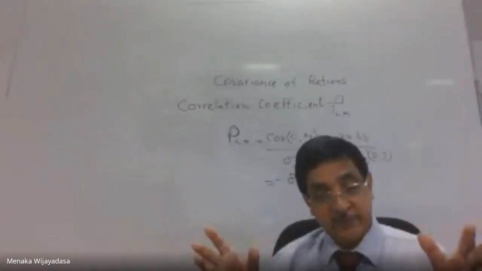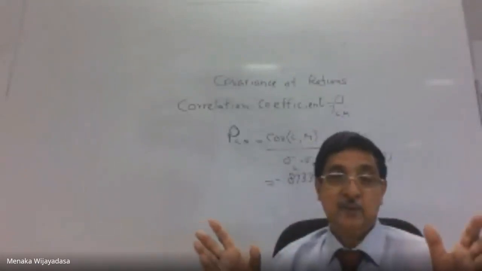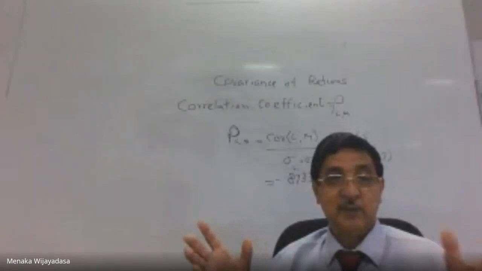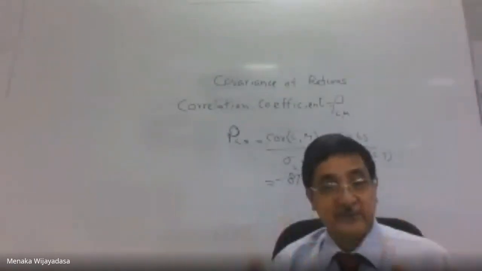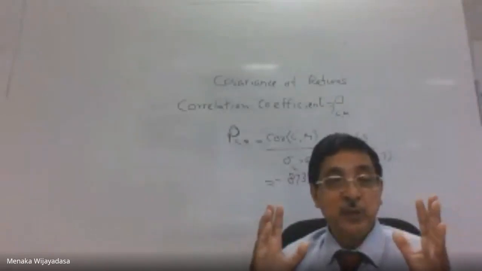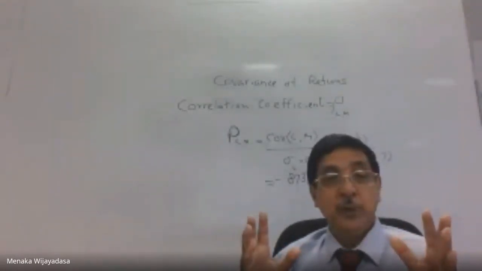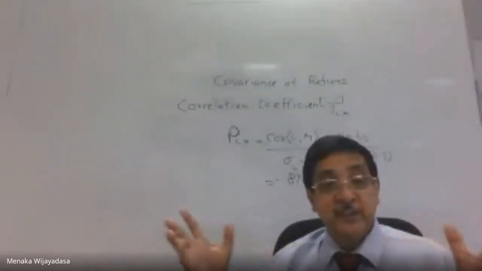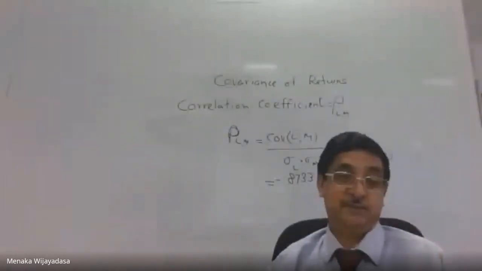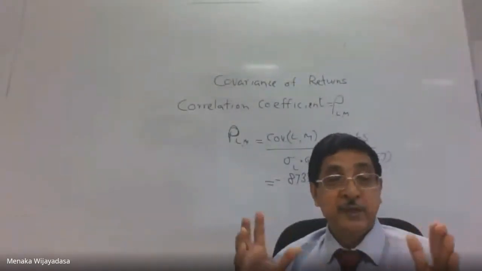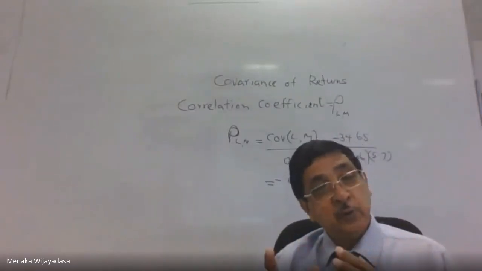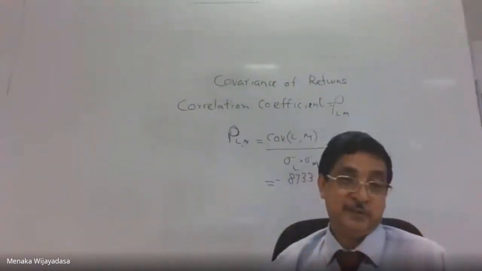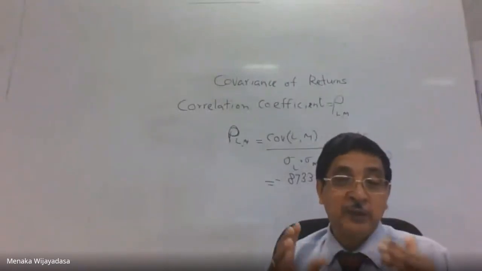you do some investments in certain assets. When you do investments in assets, you normally don't invest in only one asset. When you invest in 2 assets, you have to look at the relationship between these 2 assets. That is very important because your profit or loss depends on that. That is why we calculate all these things.